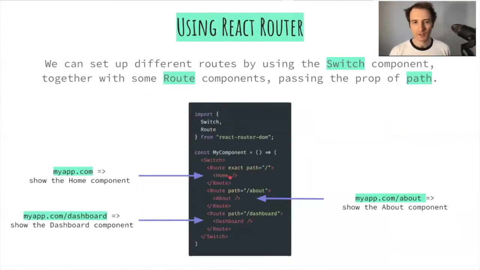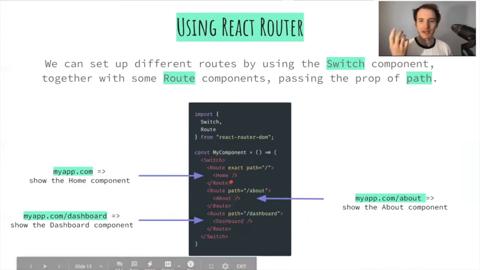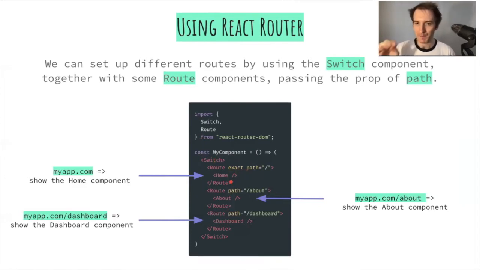And one other thing to note here is that we had to use the word exact for the first route here. The reason behind that is that if we don't have the word exact, basically this switch statement will render all of the routes that match the path.